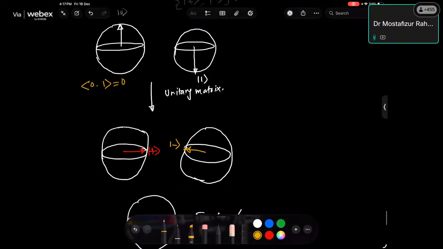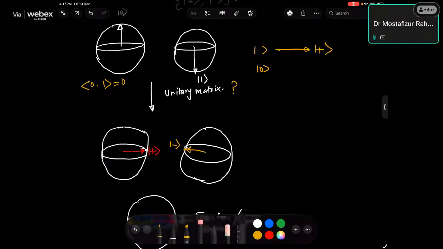So can anyone tell what is this unitary matrix such that I get 0 to plus and I get 1 to minus?